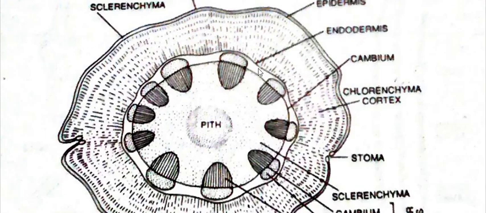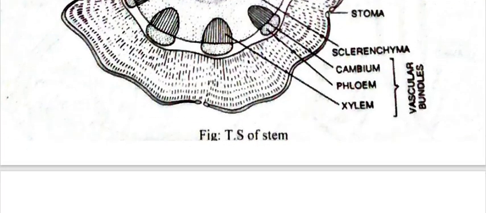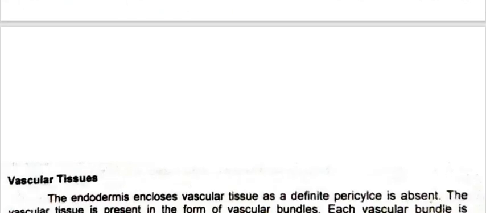Here we can see the innermost layer of the cortex which forms the endodermis, and next to the endodermis vascular tissues are present, because in Ephedra below the endodermis the pericycle region is not distinct.